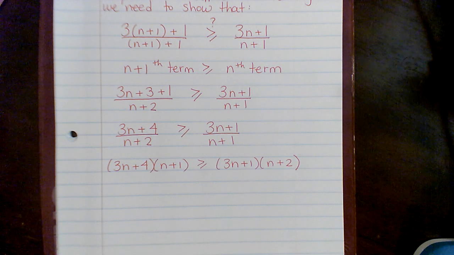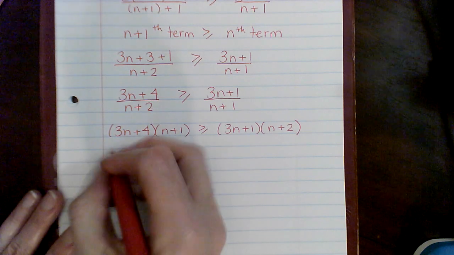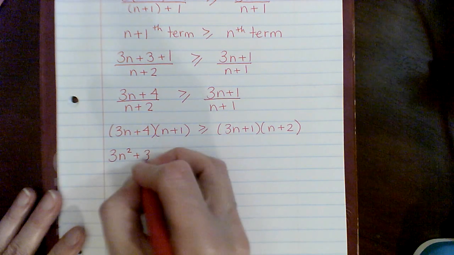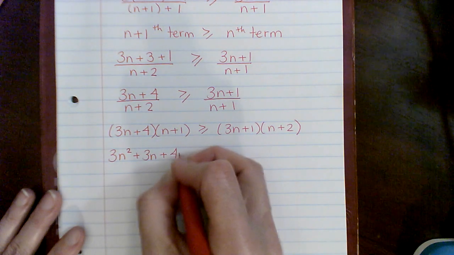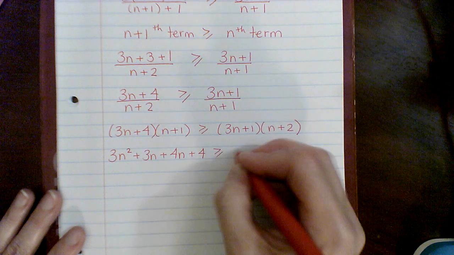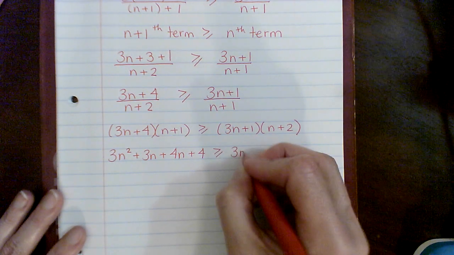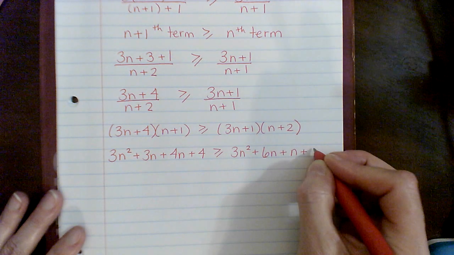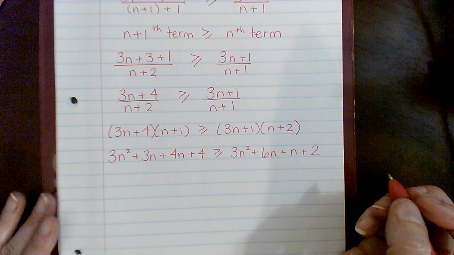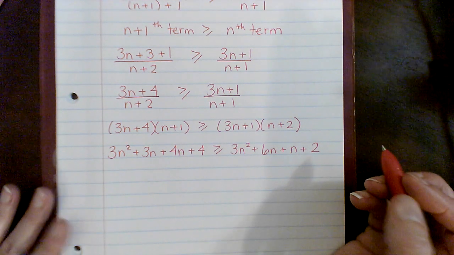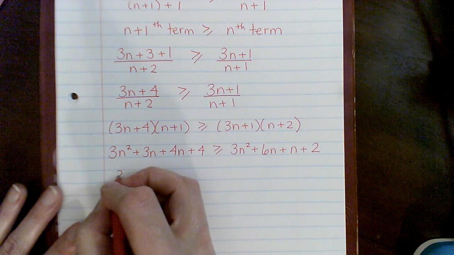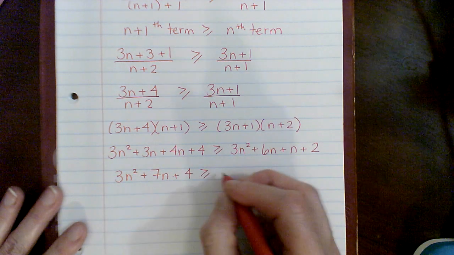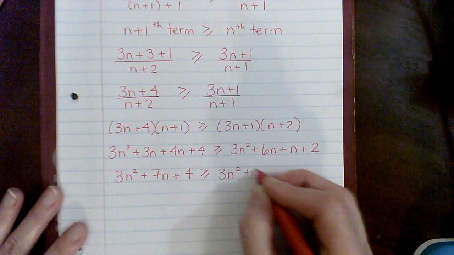All right, let's FOIL all this out. So that's going to be 3n squared, 3n, 4n, 4. Let's FOIL this out. That'll be 3n squared, 6n, 1n, and 2. Okay, now let's do some comparing. So we've got 3n squared plus 7n plus 4, and then I've got 3n squared plus 7n plus 2.